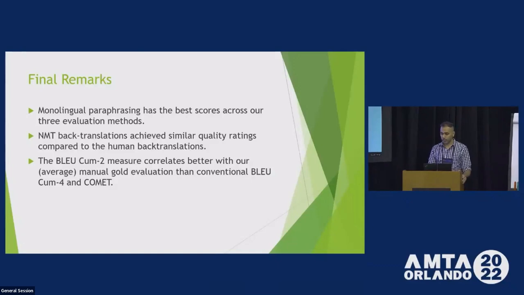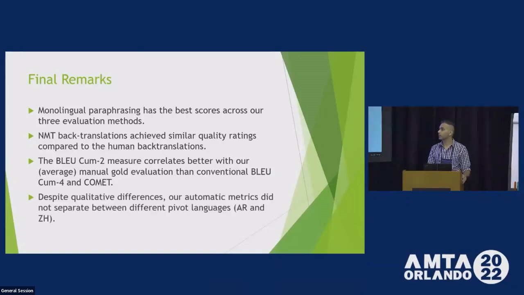That is in correlation to the standard manual evaluation. And then also, despite these qualitative differences between the different pivot languages, Arabic and Chinese, we see that the automatic metrics did not separate between the different languages with the similar distribution that we saw in the different graphs.